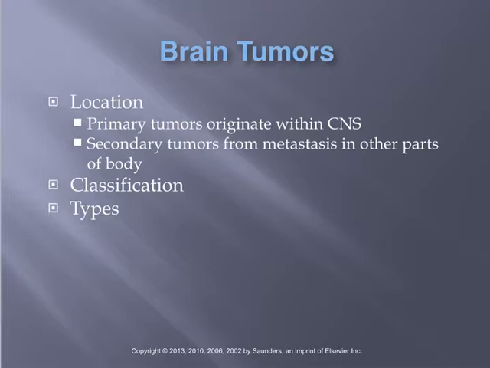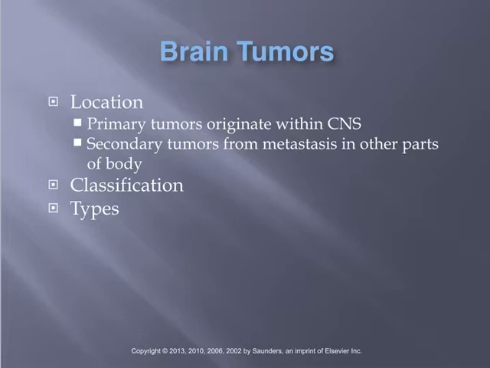So it's whether the tumor started in the brain or if it started somewhere else and moved to the brain. Its classification is based on its location and subtype. A really common type is meningiomas. Those are non-cancerous. And then there's glioblastomas, which are cancerous.